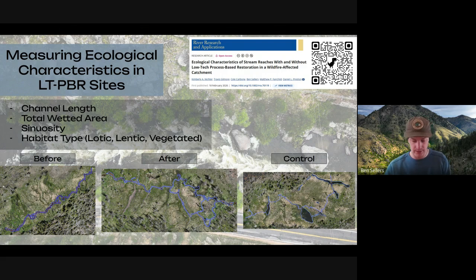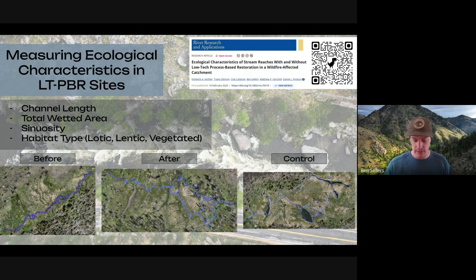As a part of this work, they needed to understand and measure these sites in a quantitative way. And it became clear pretty quickly how messy a lot of these stream sites are and how difficult and time-consuming on-the-ground surveys can be to measure the characteristics of these sites.